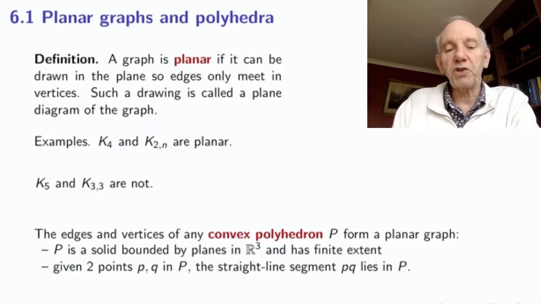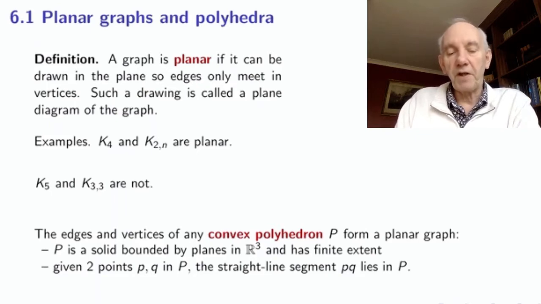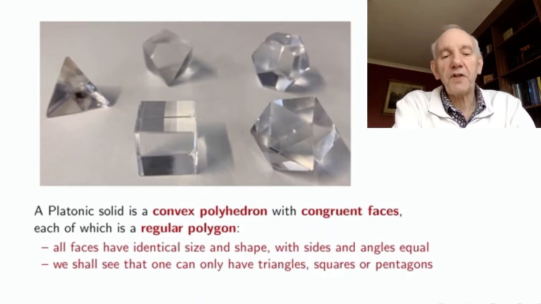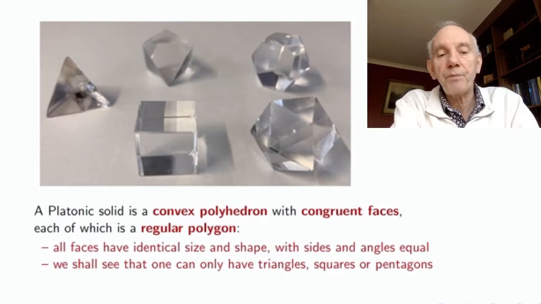But I'm just going to show you the famous, or the celebrated, Platonic polyhedra, and here they are. The photograph is mine, so that means one doesn't understand very much. But I hope you know them by name, or you should get to know them by name. There's the tetrahedron.